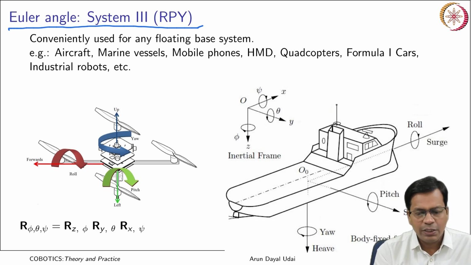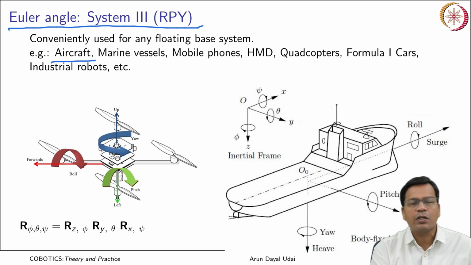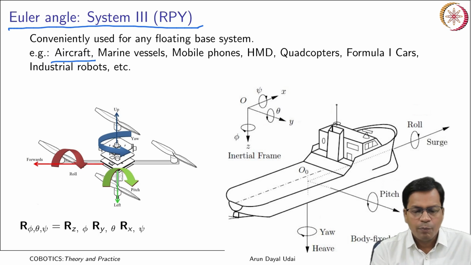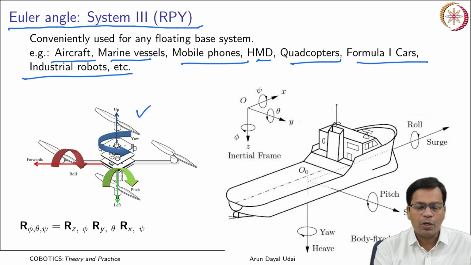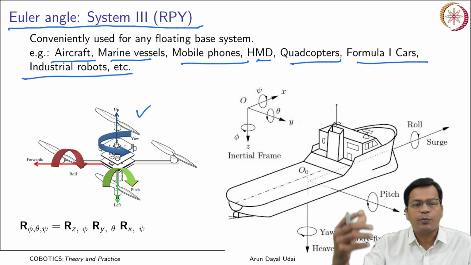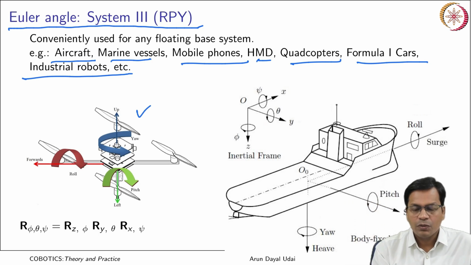It is very conveniently used for floating objects like aircraft, marine vessels, mobile phones. These days you have an accelerometer in your mobile where you can play games, head mount devices, quadcopters like this, Formula 1 cars, and industrial robots, where the end effector pose can be expressed. All of these use a roll pitch yaw type of combination.